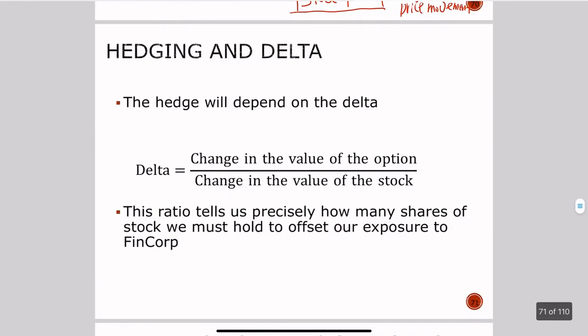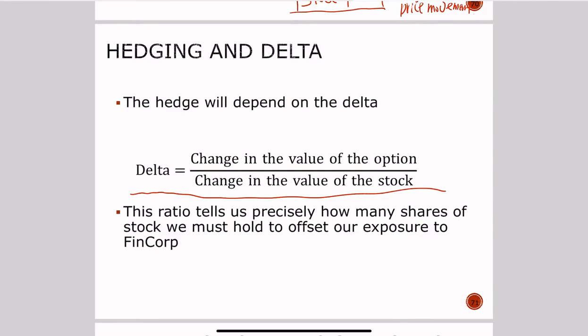Well, we have learned about this. When you're building a hedging portfolio, the first step is to find out this hedge ratio, this delta. So what is delta? Again, it's the change in the value of your put option divided by change in the value of your share. And through this delta, we could understand how many shares we have to buy to offset our exposure to FinCorp, right?